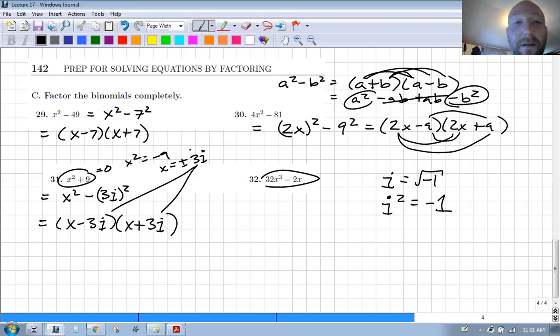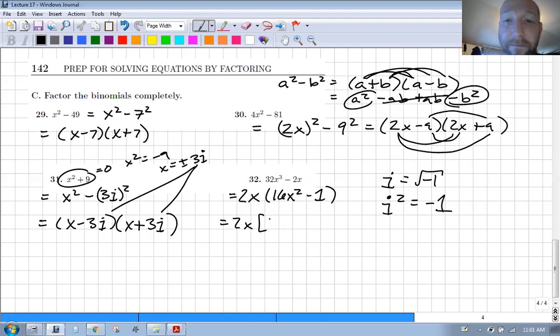This one's got an x cubed and an x in it. So first, let's pull out the, you can pull out a 2x here. So we got a 16x squared minus 1. Now this is the difference of two squares.